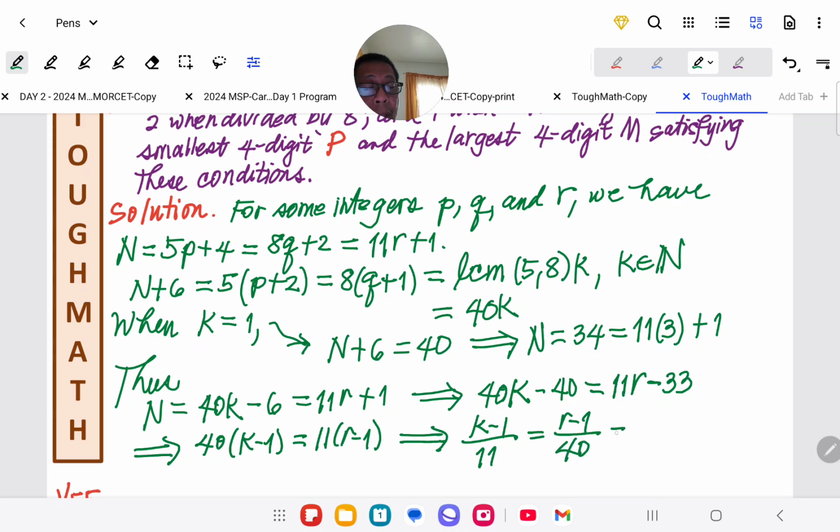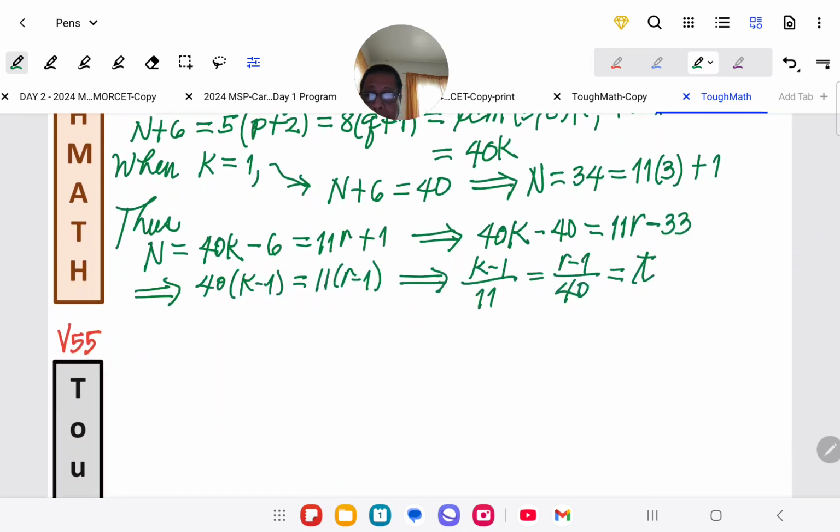And if we represent these two ratios as just t, the parameter t, then we have k is equal to 11t plus 1.